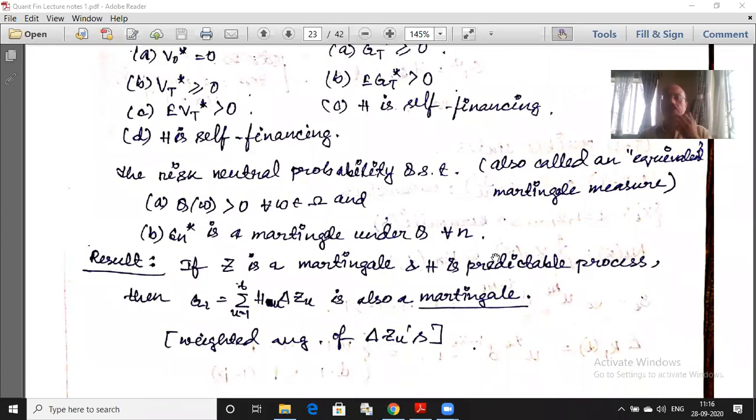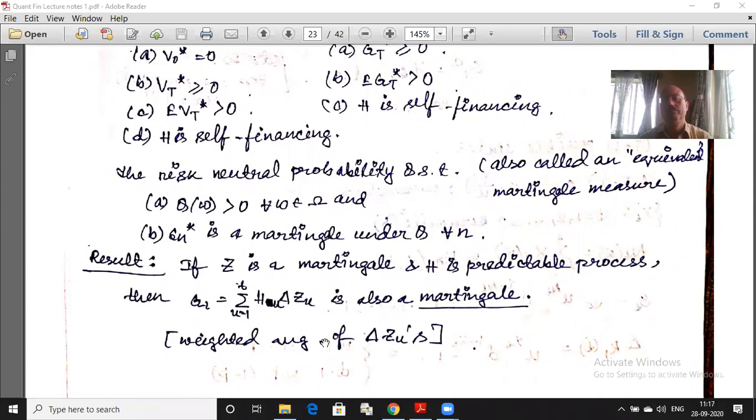Okay. So with that risk neutral probability setting result, if Z is a martingale, so any stochastic process with the martingale property, and H is a predictable process, then if I define G as the sum over H delta Z aggregated from time 1 to time t, so G_t is the aggregate version, then this is also a martingale. This is actually a very simple, very easy result, because G_t is nothing but a weighted average of delta Z's.